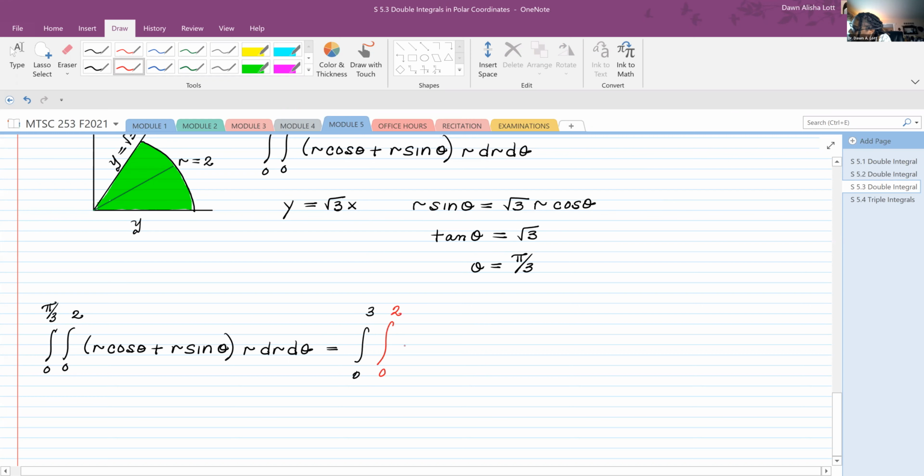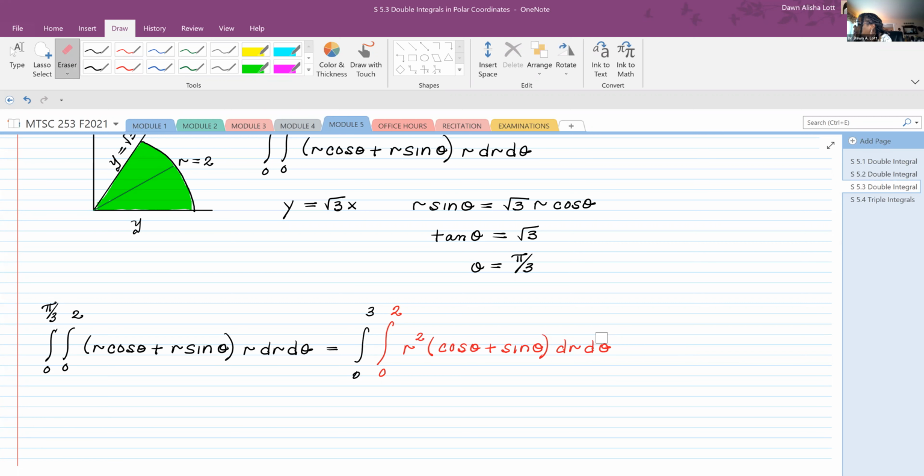I'm going to have r squared times the cosine of theta plus the sine of theta dr d theta, because I pulled one r in with that other one. And d theta should be in black.